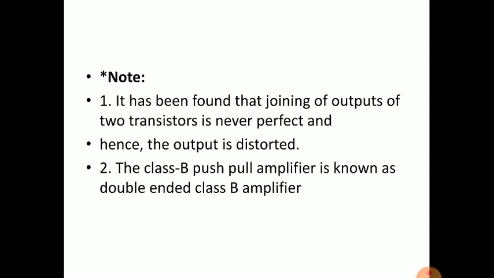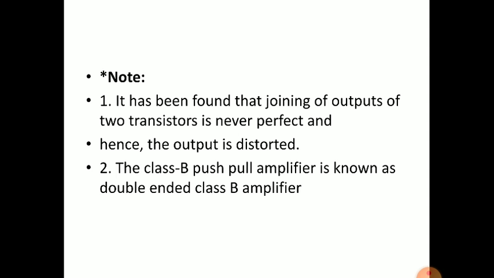But at the output, because we use the two transistors T1 and T2, and both are conducting only the 180 degrees angle, the output is joining. So there is no wastage of power. Wastage of input is 0.